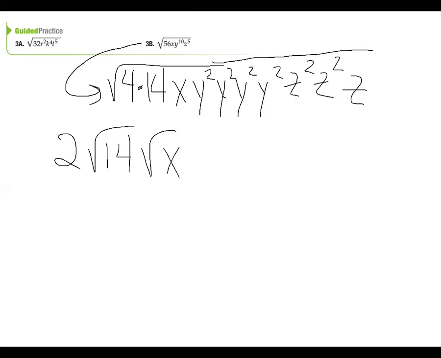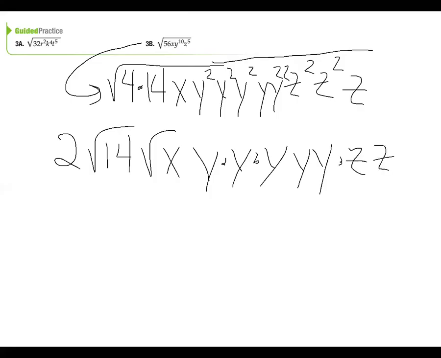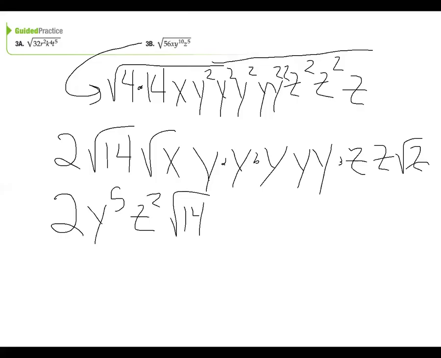Then you'd have y times y times y times y times y times z times z square root of z. I forgot another factor of y squared in there. So this would simplify to 2y to the 5th z squared square root 14xz.